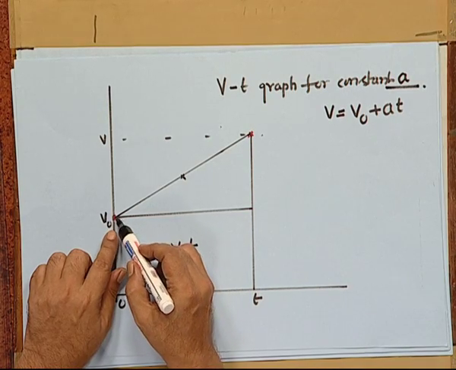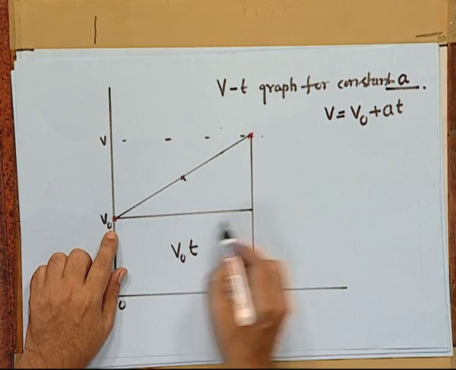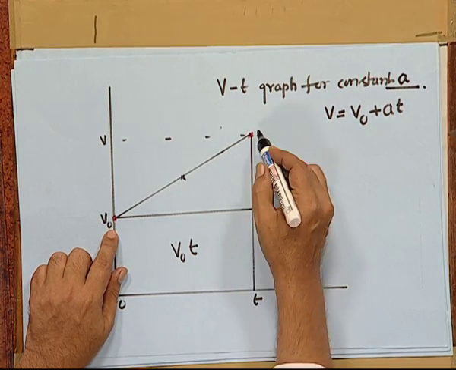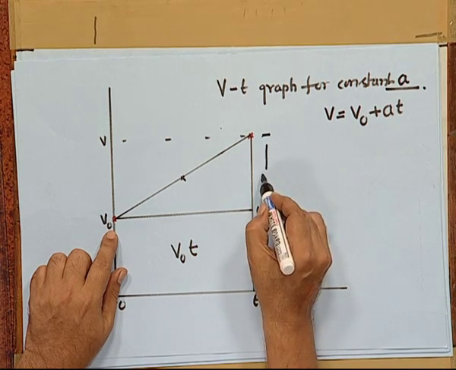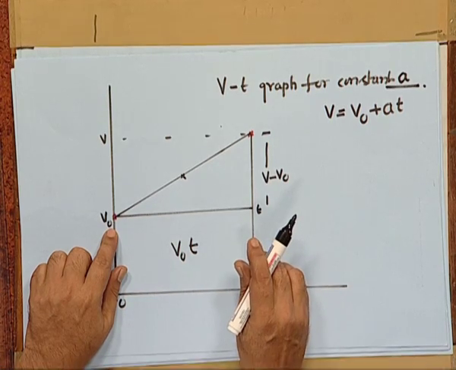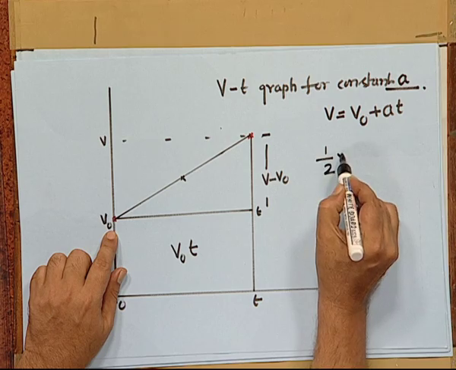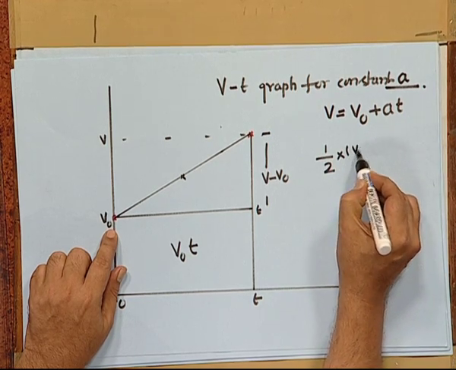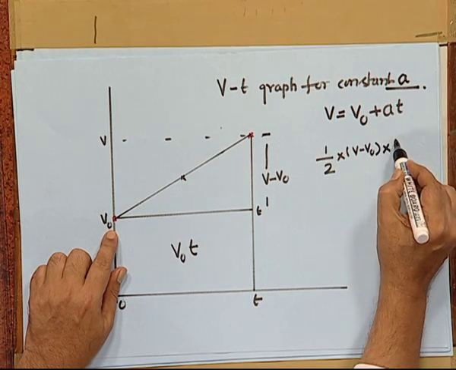Now, what is the area under this graph which has the base as v0 and this interval is t, and this vertical side, which is the difference in velocity, is v minus v0. So, the area of this triangle is given by half into (v minus v0), that is the height of this triangle, and the base of this triangle is t.